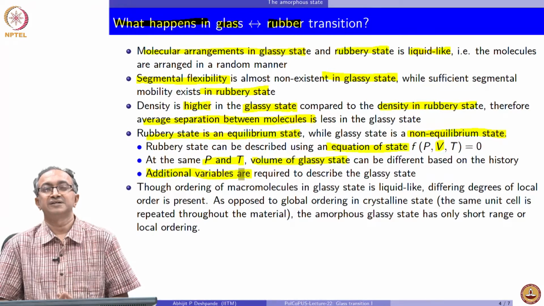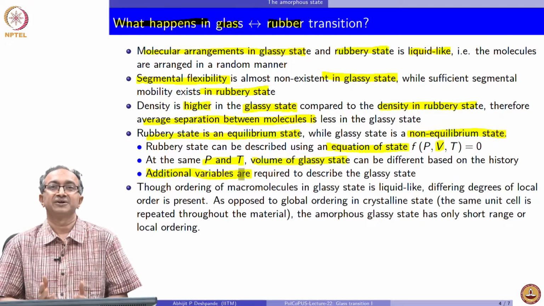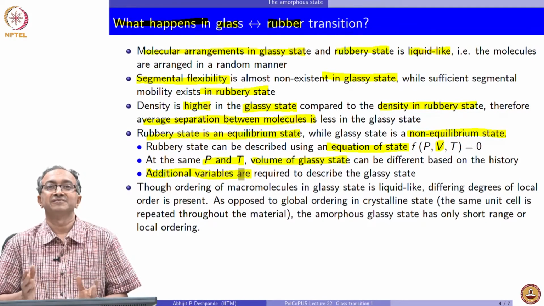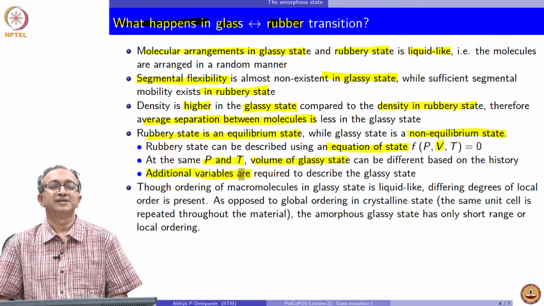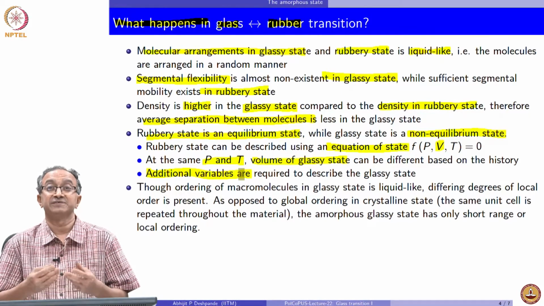For example, in the crystalline state ordering is perfect, but in the amorphous glassy state, we said the ordering is random, but there may be a presence of local order. This local order can be different in different samples, so there is a degree of local ordering that, if we can quantify, can be included as a way of specifying the state.